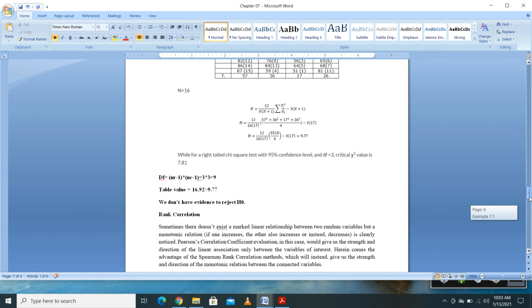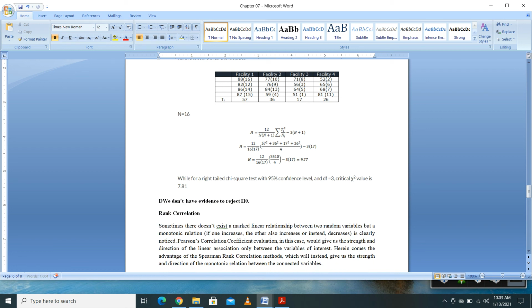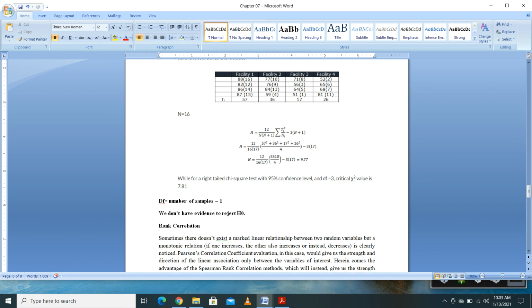Okay, and here in the Kruskal-Wallis test, there is a small thing that I have to correct. When you are calculating the degrees of freedom for the Kruskal-Wallis test, the degrees of freedom is equal to the number of samples minus 1. I'm really sorry, that is one of my mistakes. So here you have 4 samples, 4 minus 1 is equal to 3. So degrees of freedom is 3.